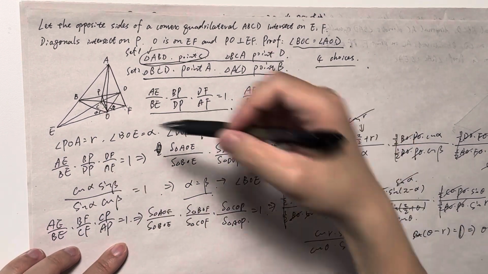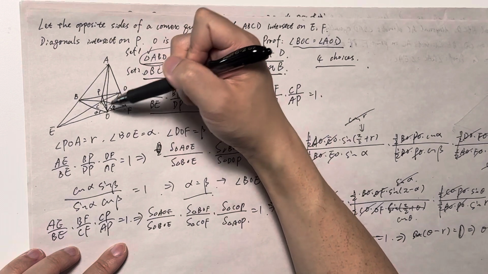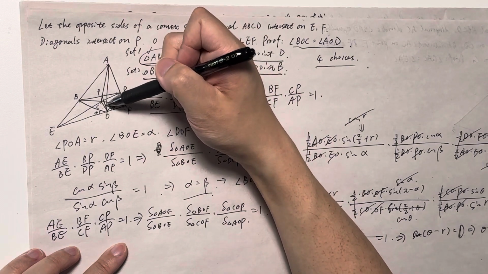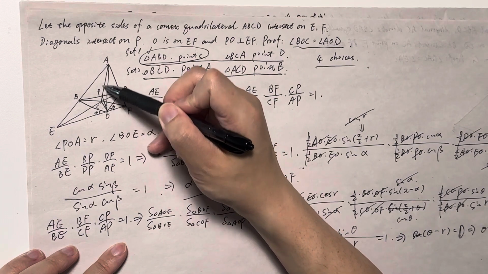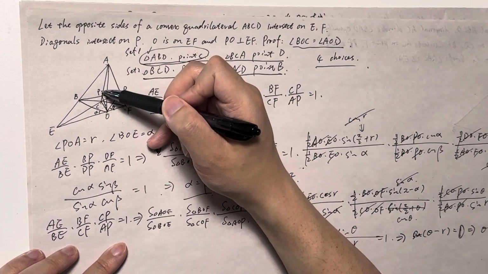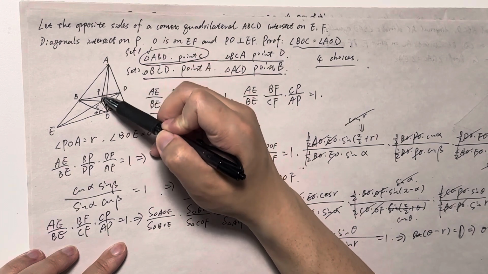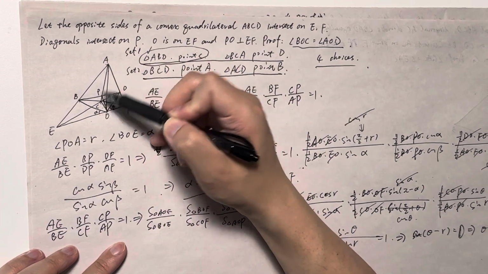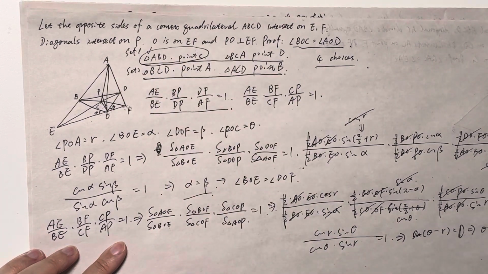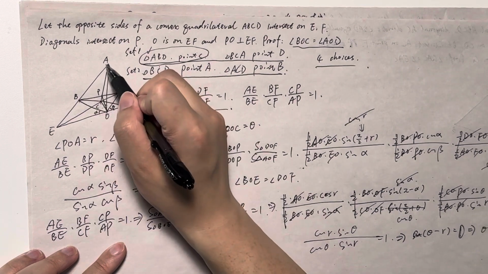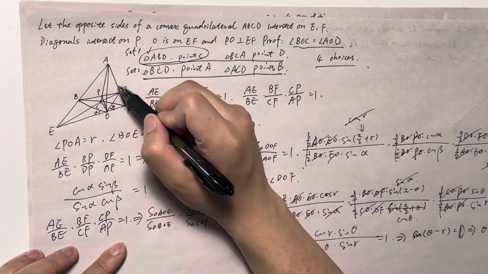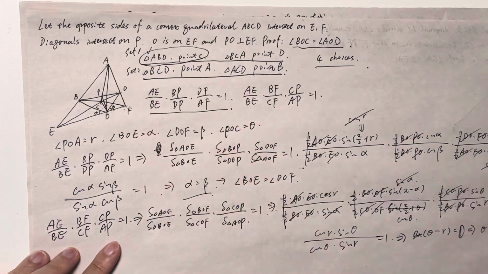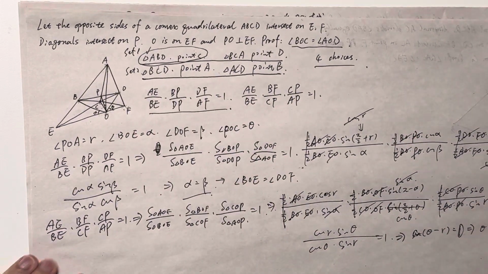And then we want to find the relation of theta and gamma. We have to include the ratio of CP to AP, which means that AC must be a side of the triangle. So we can choose either ABC or ADC as the triangle, and then we can solve this problem.